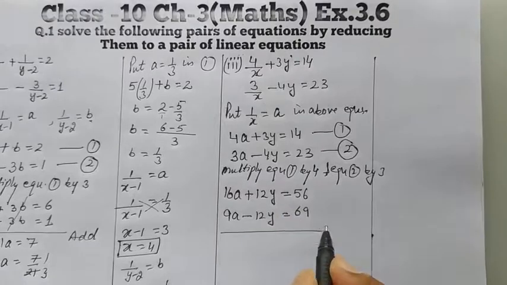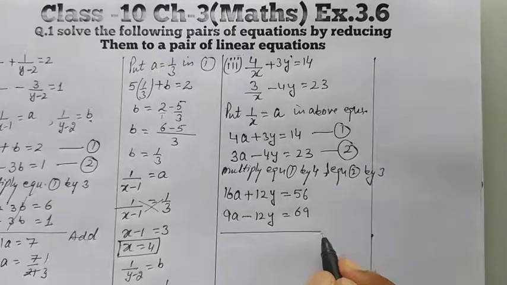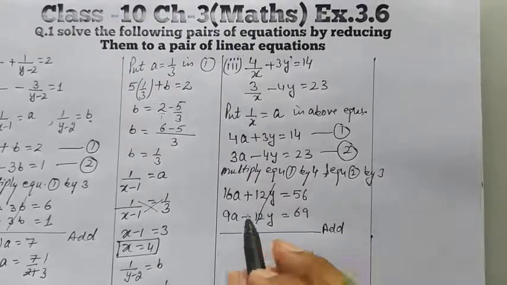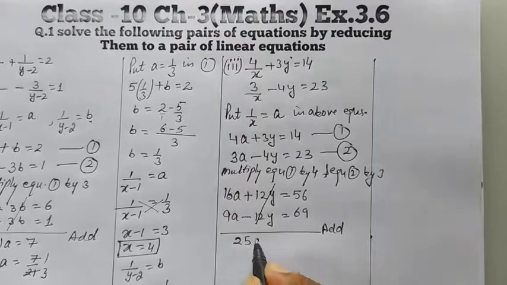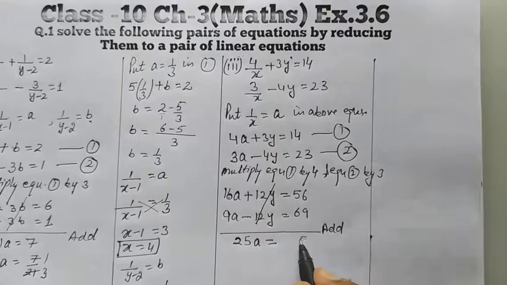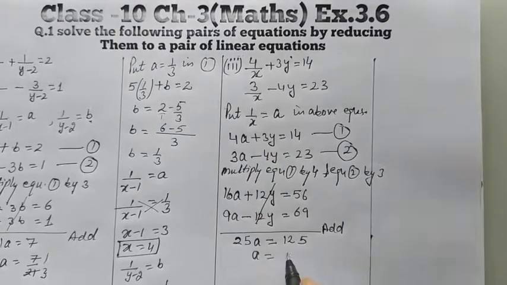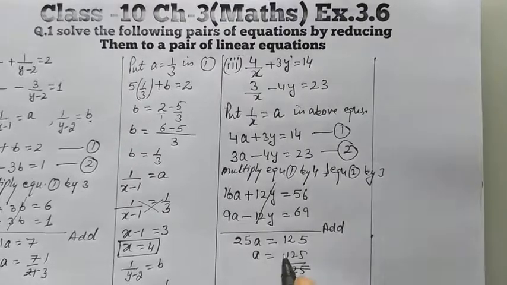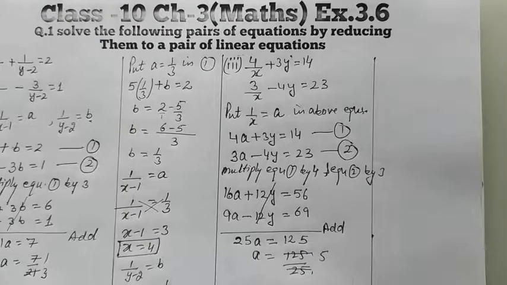Now because the signs of these two coefficients are different, we'll just add these two equations. So this will be cancelled. 16a plus 9a is 25a is equal to, if we add these two, we get 125. So a is 125 over 25, that is 5. So a is 5 here.